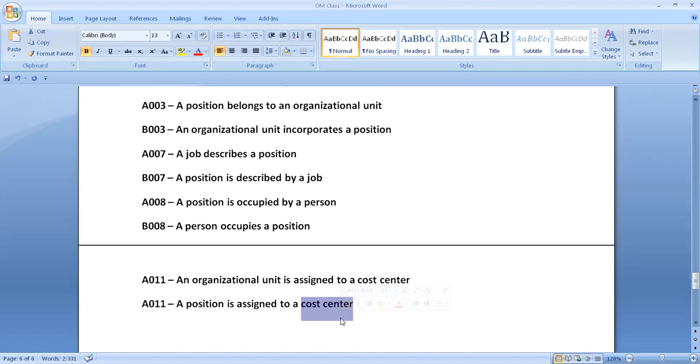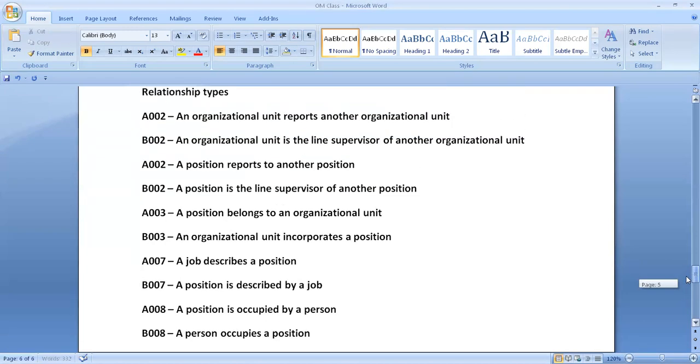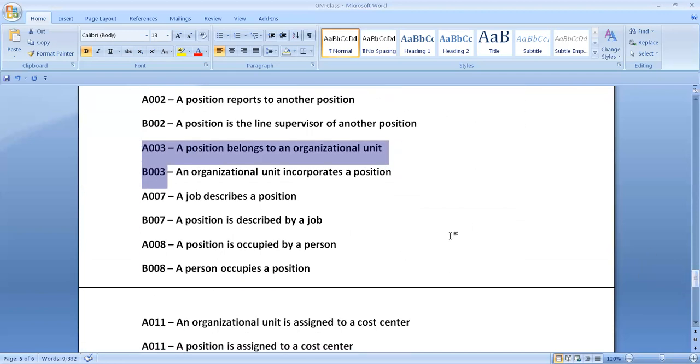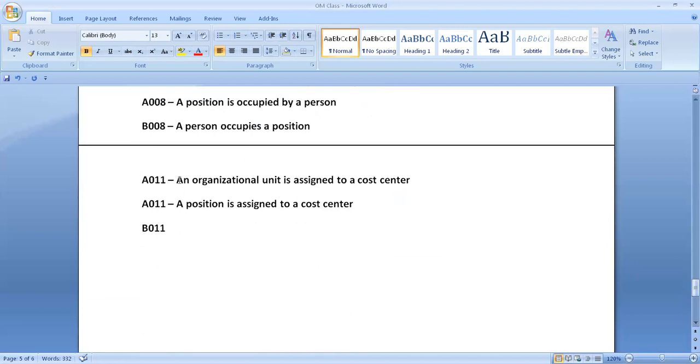We are talking about the OM module, and this B011 is not automatically created. Whatever we have talked about till now, all these are A type, B type relationships. This is the only exception in the entire OM module.